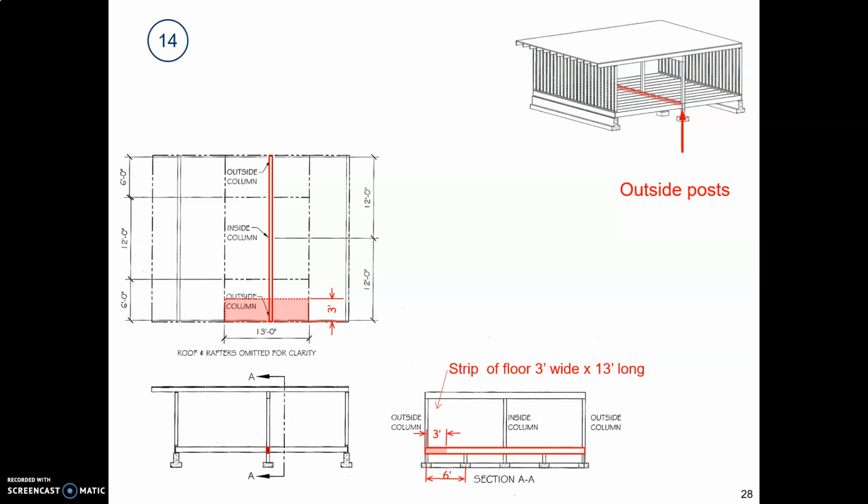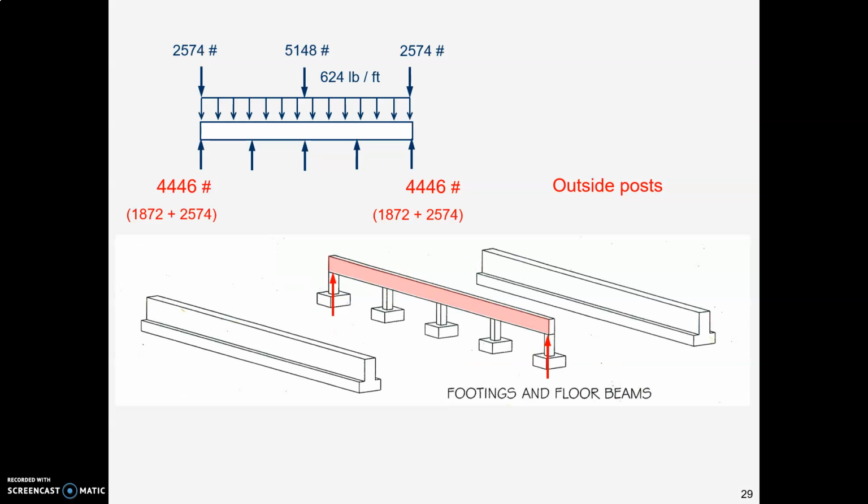What's 3 times 13? 39 square feet is the tributary area. And that tributary area of 39 square feet supports 48 pounds for every square foot. So multiplying those numbers, you find out that comes out to 1872 pounds sitting on that outside post.